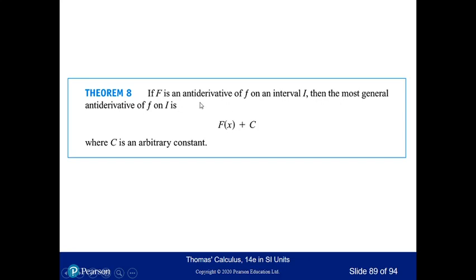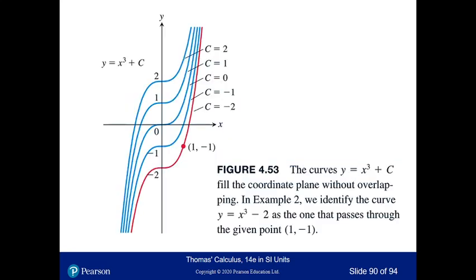So if capital F is an antiderivative of f on an interval I, then the most general antiderivative of little f on I is capital F plus C. C is a constant, so this is given as a theorem because the derivative of C is 0. These are called the family of antiderivatives of the function, okay?